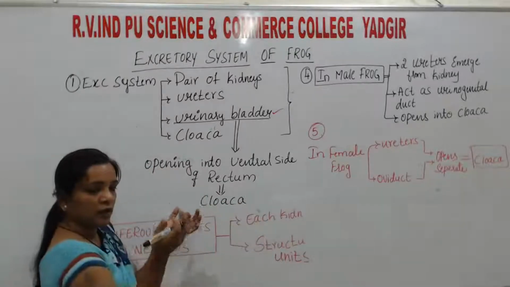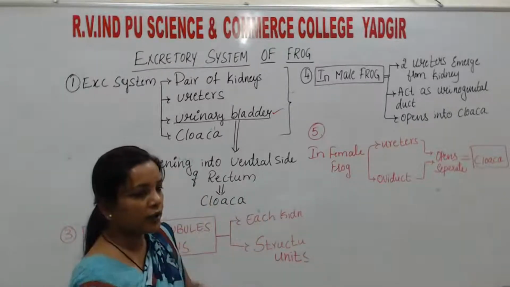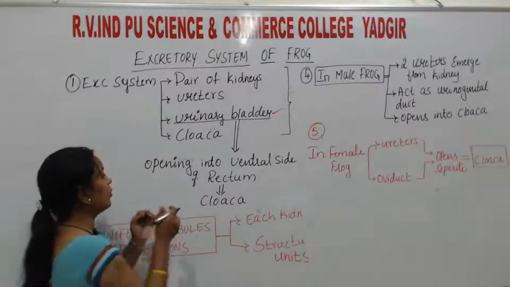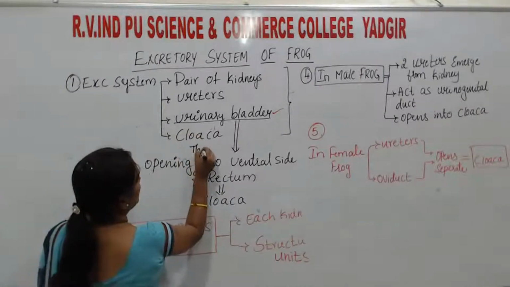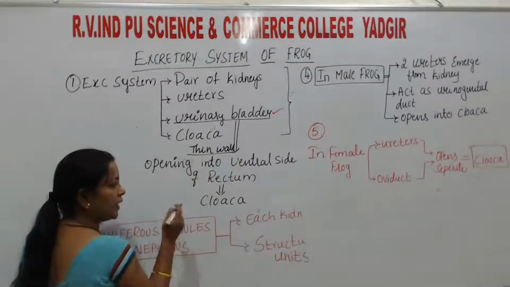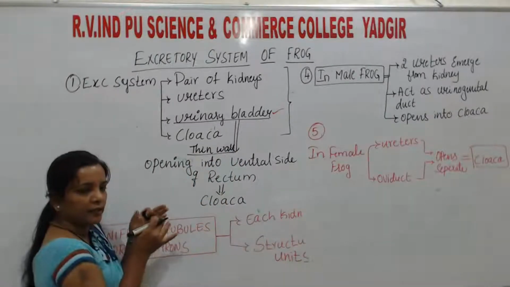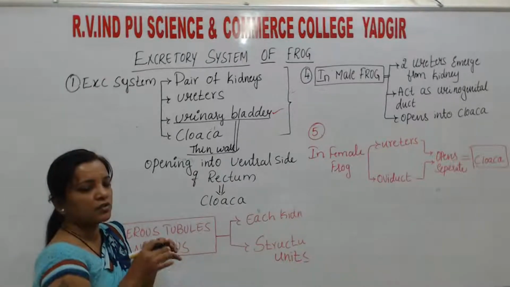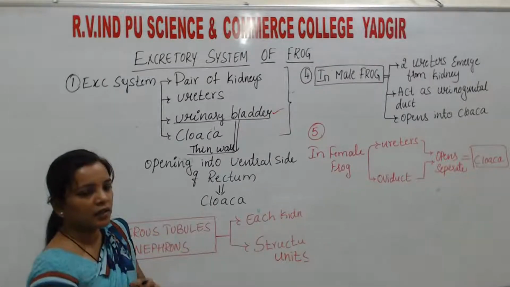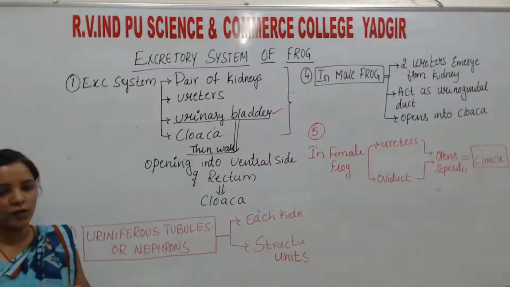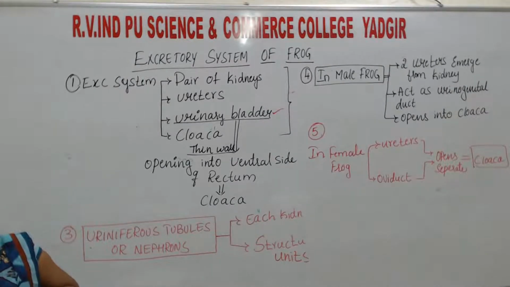See, the kidney extends to ureters opening into the cloaca. The urinary bladder is thin walled and opens into the ventral side of the rectum. Rectum is the part where nitrogenous waste is temporarily stored, and it will be eliminated out through the cloaca. So the urinary bladder is one more organ that opens on the ventral side into the cloaca.